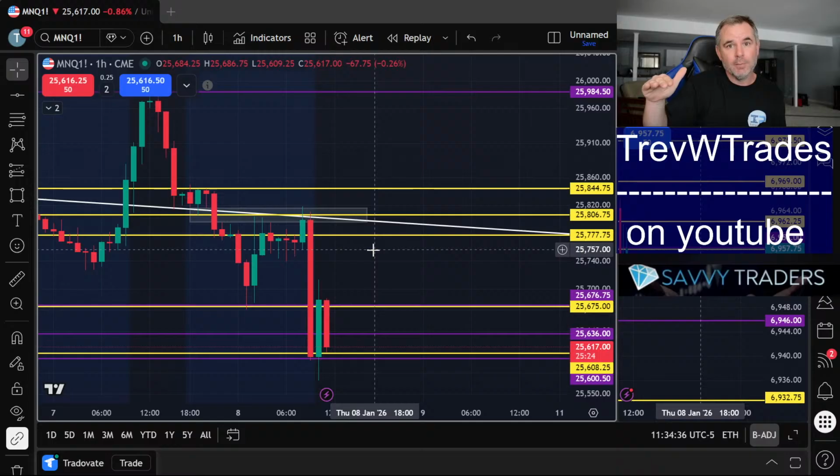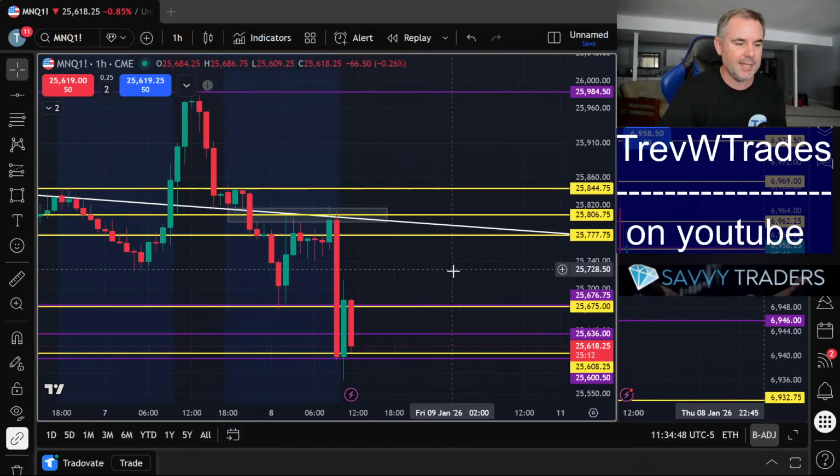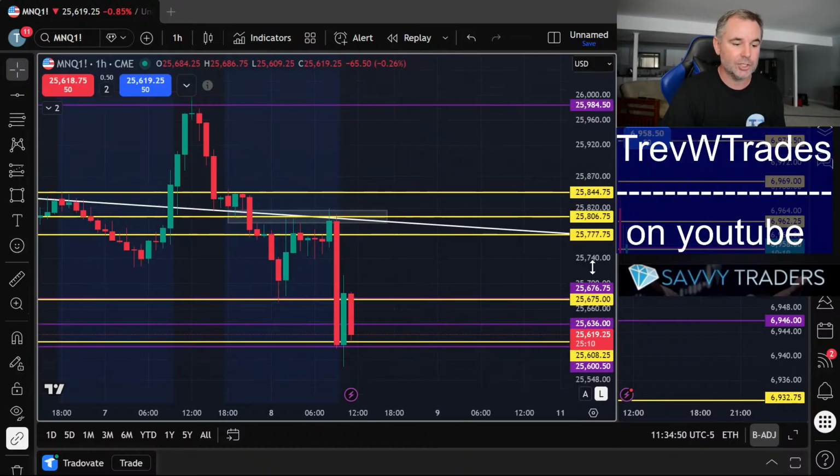The next time it comes back down to that area where it was fluttering because it had a hard time continuing, that was old resistance, and now it's going to hold up as support.